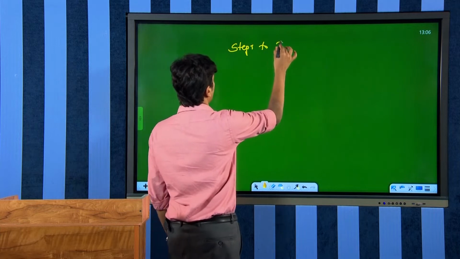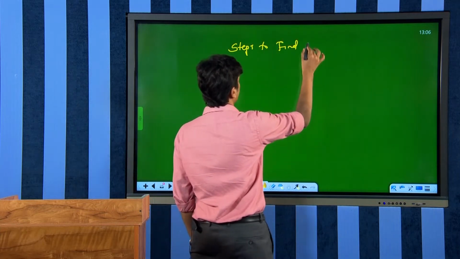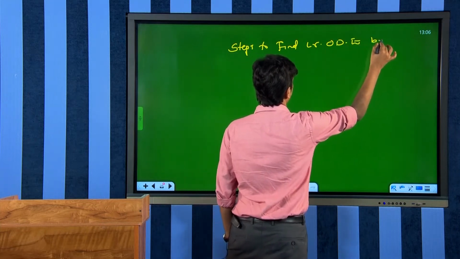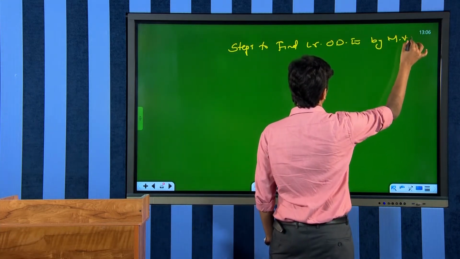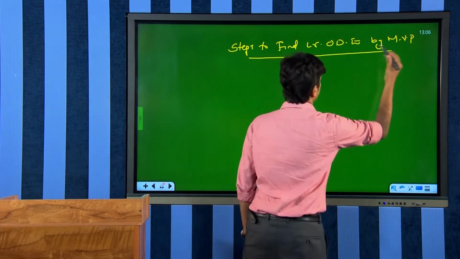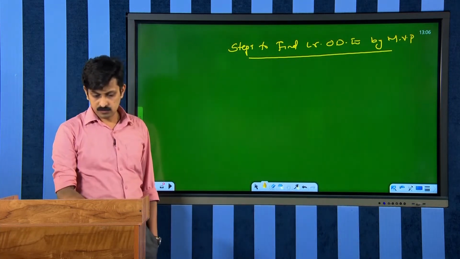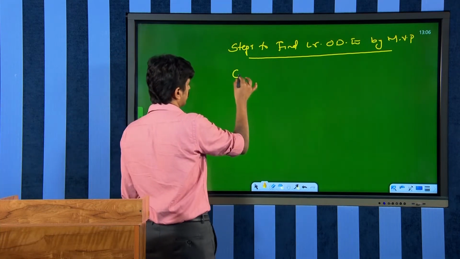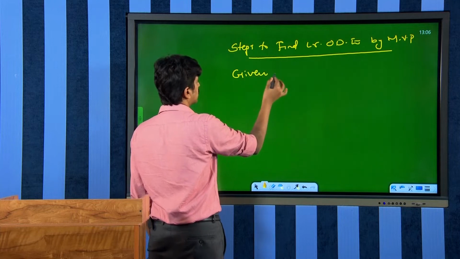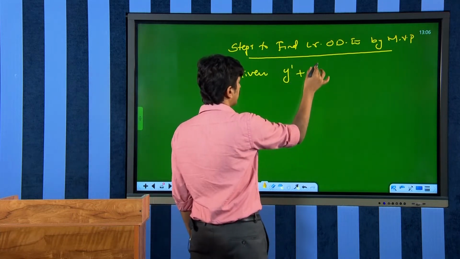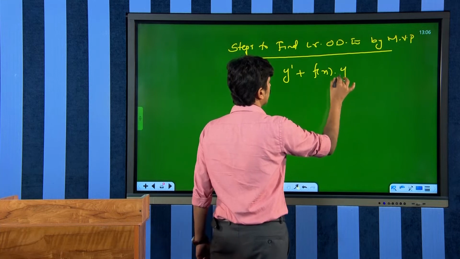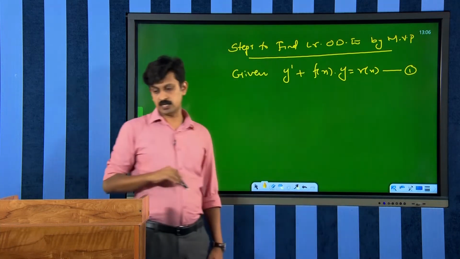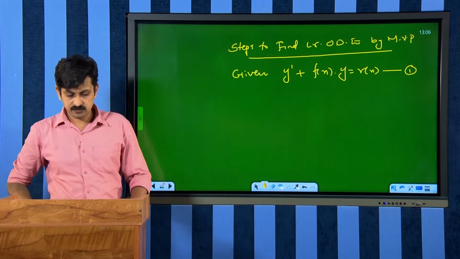Steps to find the linear ODE solution by the method of variation of parameters, MVP. Given differential equation: y dash plus f of x into y is equal to r of x. That is the original non-homogeneous linear differential equation.